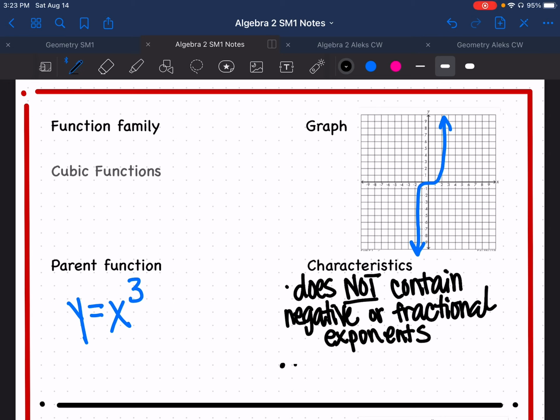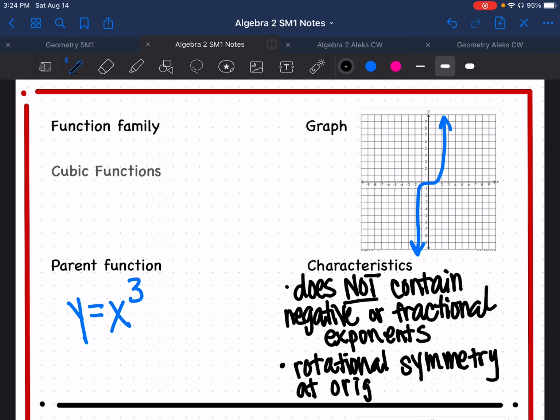It has what is called a rotational symmetry at the origin, which remember is the ordered pair 0, 0. So it has a rotational symmetry. If you look right here from the origin, it's going to rotate the same in both sides. So the symmetry is the same.